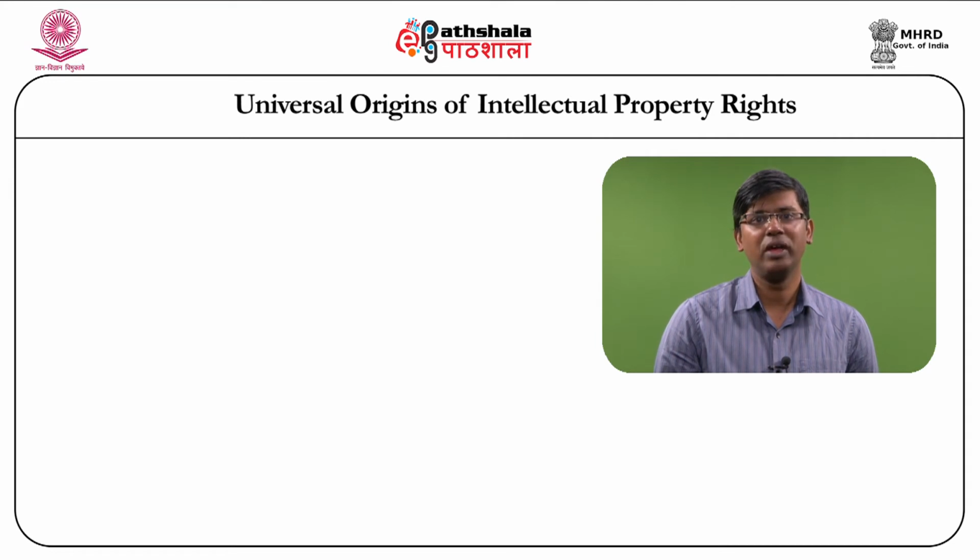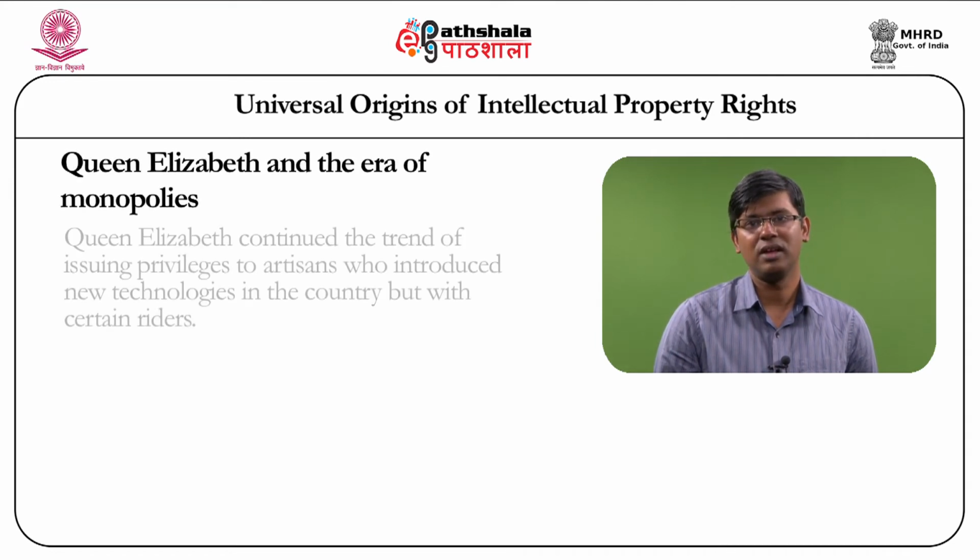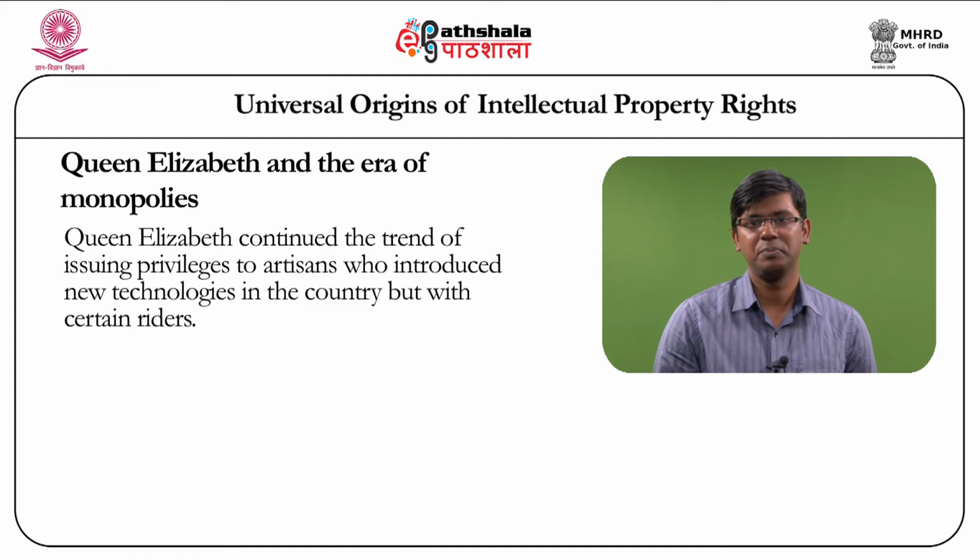Then you had a period wherein Queen Elizabeth started granting these letters patent and monopolies in huge numbers. Largely this was because the monarchy did not have a lot of money, and one way they could keep the nobility faithful to them was to grant these monopolies.